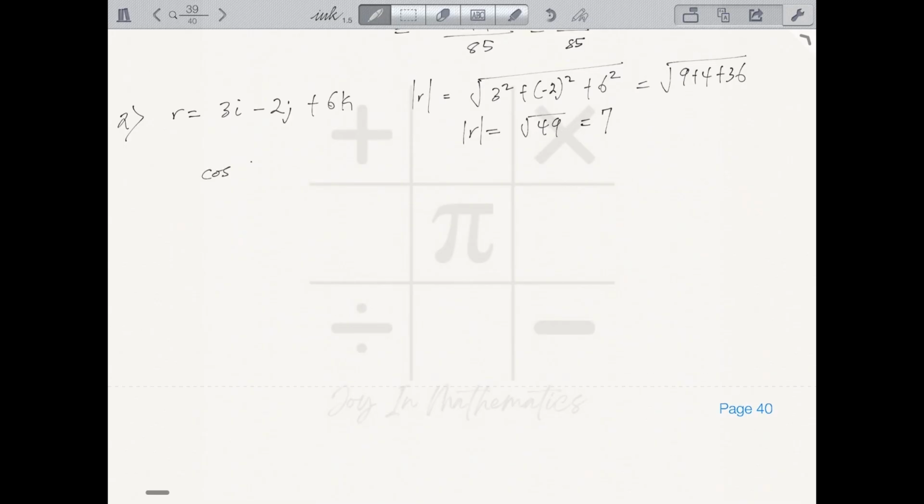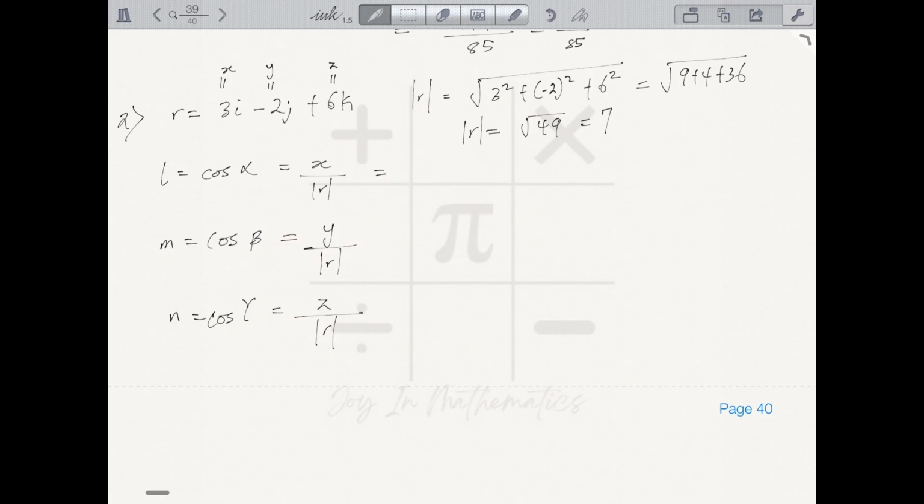Direction cosine on the x-axis is cos alpha, which is the x coefficient divided by the modulus of r. Direction cosine on the y-axis is cos beta, which is the y coefficient divided by the modulus of r. Similarly, direction cosine on the z-axis is cos gamma, which is the coefficient of z divided by the modulus of r. You can call this L, M, and N. So x is equal to 3, y is equal to minus 2, and z is equal to 6.